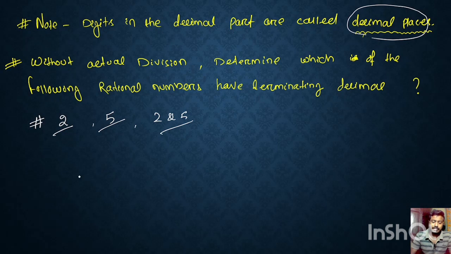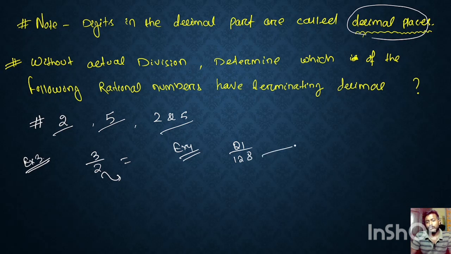Similarly we solve an example, example number 3. Suppose a number 3 by 2. This is a terminating decimal number. Without dividing by the long division method, we say this is a terminating decimal representation, because here the denominator is 2. Now the next example, example number 4, 21 divided by 128.